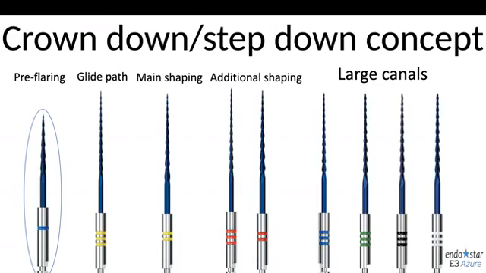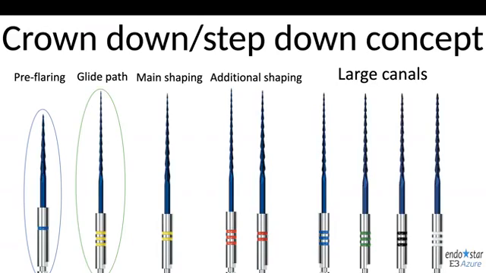So we have here many instruments. We have, first of all, a pre-flaring instrument, which is the 3008, as you can see here, the first one. It's a small one. I like this instrument because it has lots of taper, so it can enlarge the canal at the orifice, at the beginning, in the coronal part of the canal.